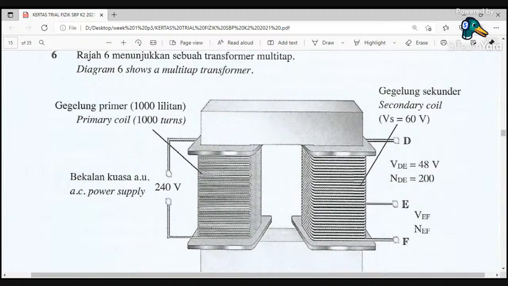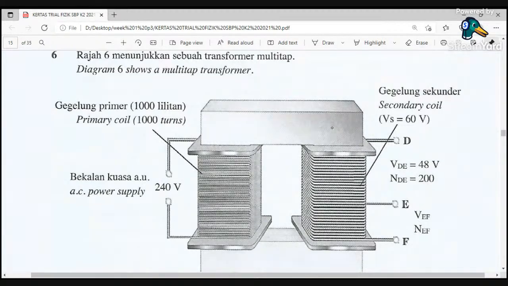If you have the question, you can refer to the question. I have discussed number 1 to number 5. So tonight I discuss from number 6 to number 8 for section A.